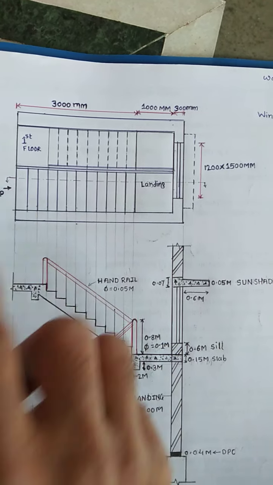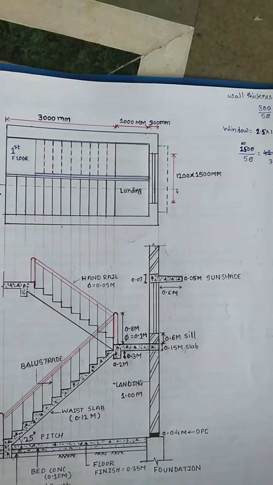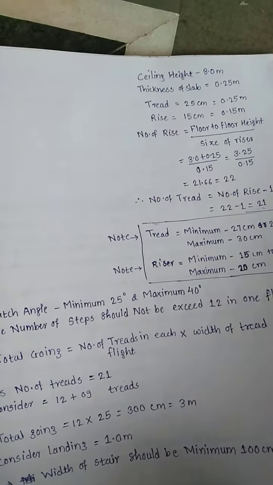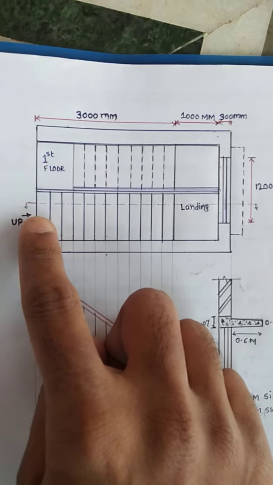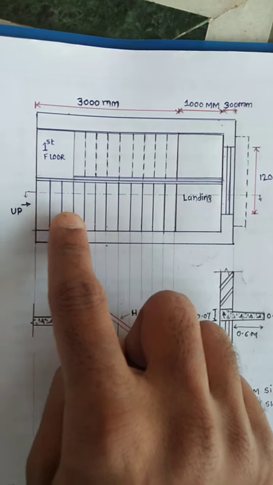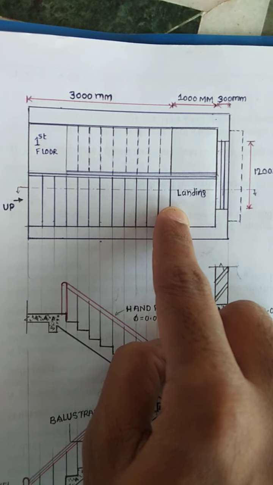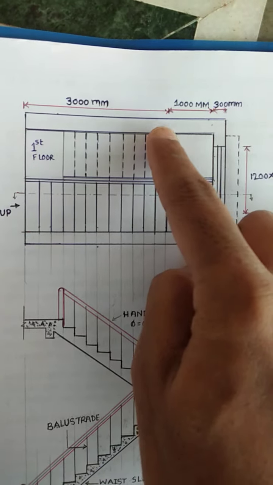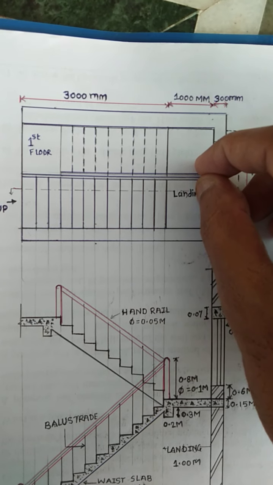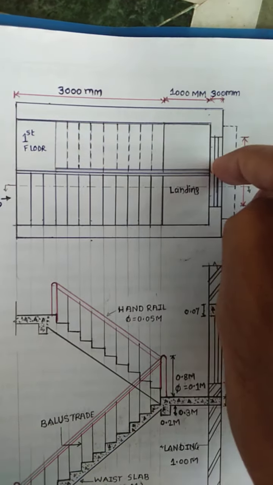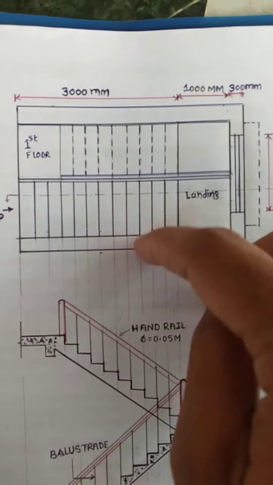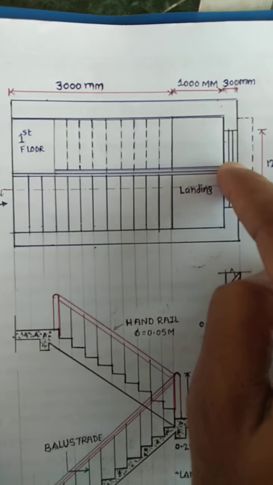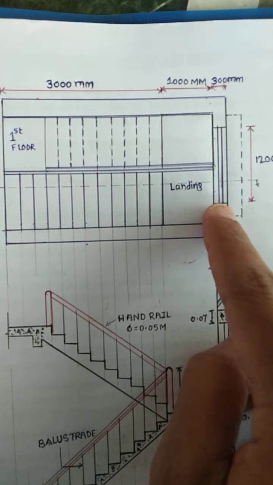The width of the tread is given as 25 centimeters or 0.25 meter. Convert with the suitable scale, then draw the 12 treads in a single row, then similarly 9 in another one. This is 0.2 meter, the opening passage between the two flights, called the passage of handrails. This is the 1 meter landing.